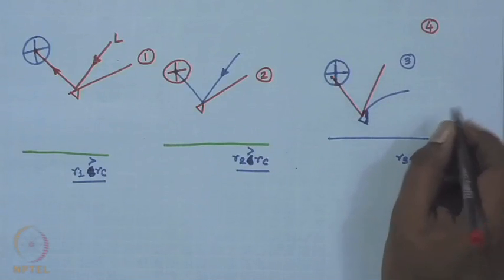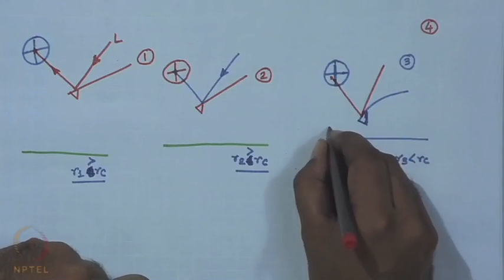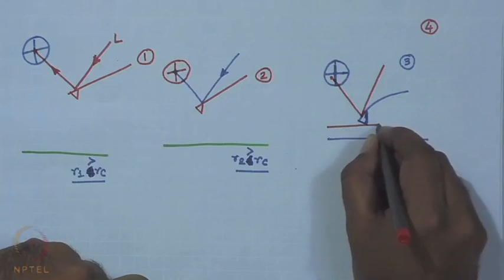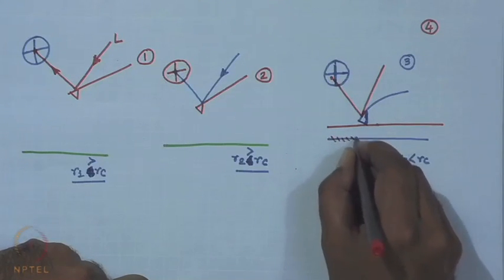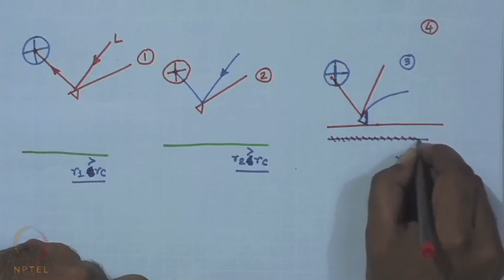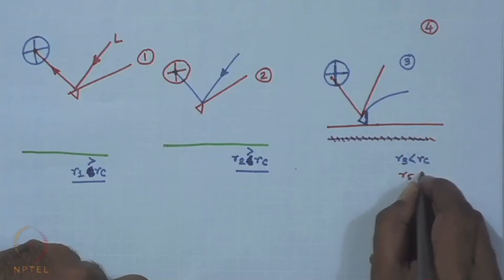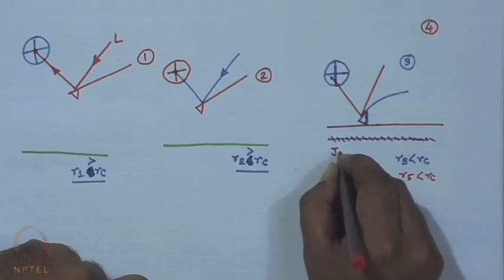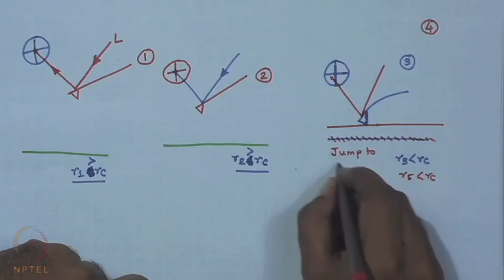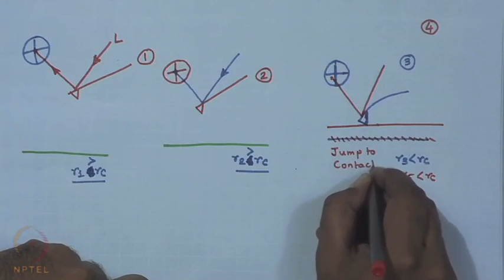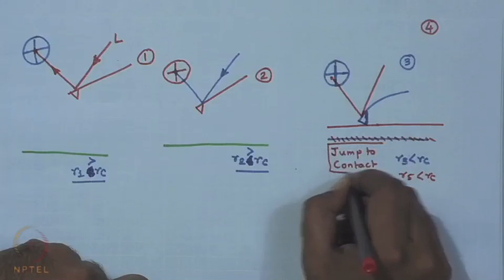Now, the subsequent step, let us say step 4 or step 5, would be jump to contact. Next step is jump to contact. Sorry, I just avoided the trouble of drawing it once again, and now it is in jump to contact.